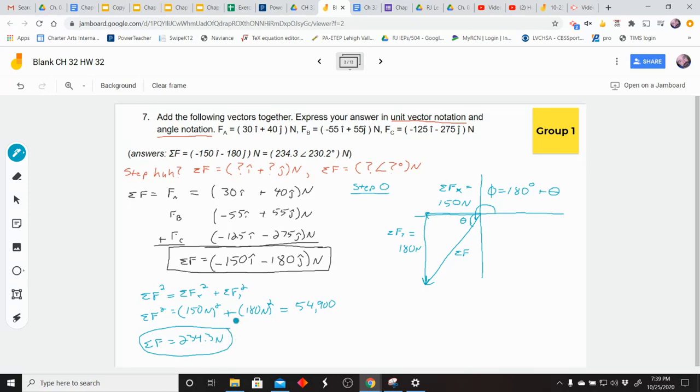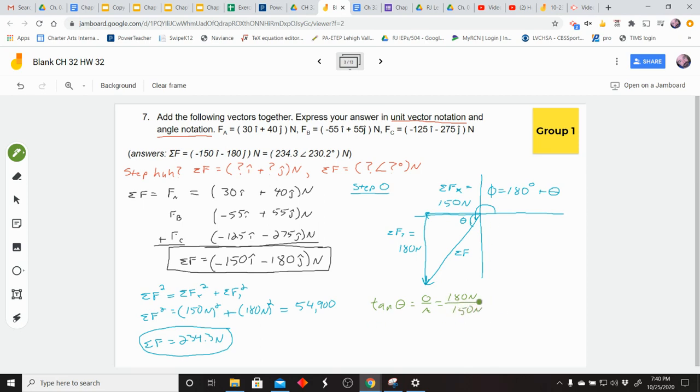How do we get this angle here? We've got to do some inverse trig. So I like to always use tangent. I'll switch to green to keep it a little bit separate looking. So tangent of theta is equal to opposite over adjacent, which is equal to the opposite from this angle is 180 newtons. The adjacent is 150 newtons.